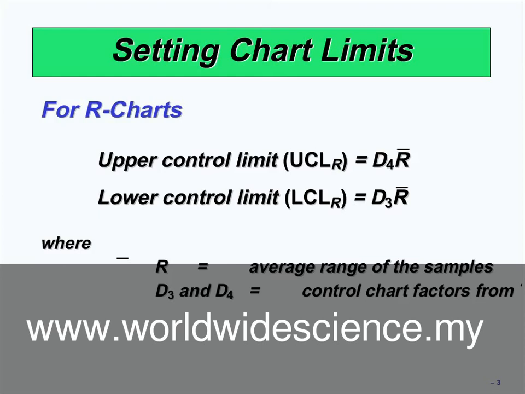Now you want to draw the diagram. The diagram, the same as other bar charts, is composed of two axes. The vertical axis shows you the R range for each sampling, and the horizontal axis gives you the sampling.